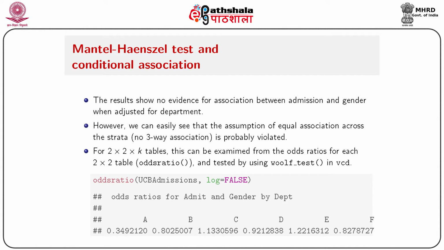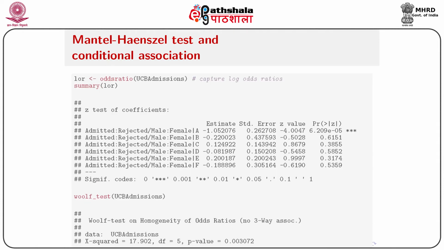Suppose we ask for the odds ratio of the UCB admission data, then it will give you the list of all odds ratios. What you can do is say LOR, then oddsratio, UCB admission, to capture the log odds ratio, and the summary of LOR is like this.